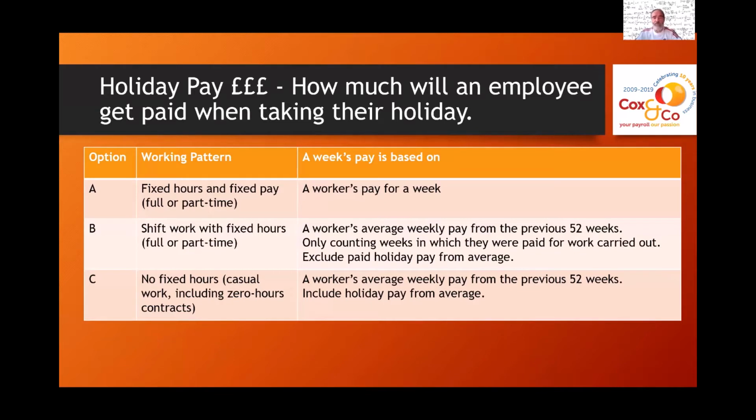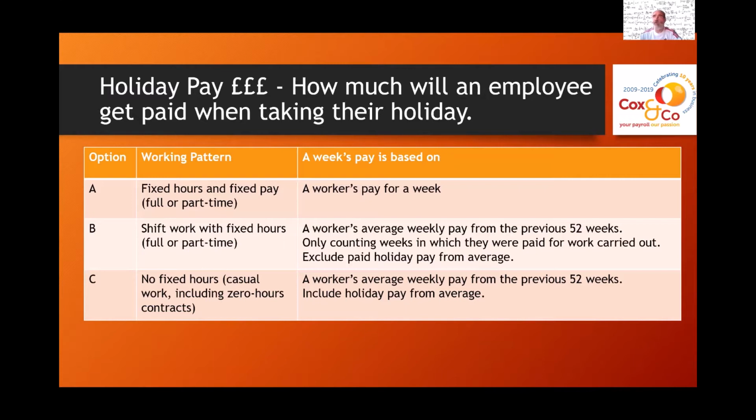So we're excluding paid holiday from any average. If they got paid holiday, we wouldn't include it in the calculations, which makes sense to me. It's an average of an average, and it doesn't seem to make sense to include it, which is why I am quite surprised that it is included in 0 hours contracts. So if you're a truly 0 hours or no fixed hours worker, then you would include holiday pay in those averages.